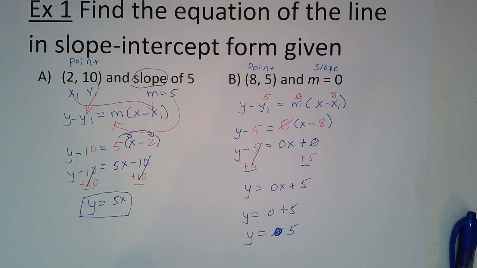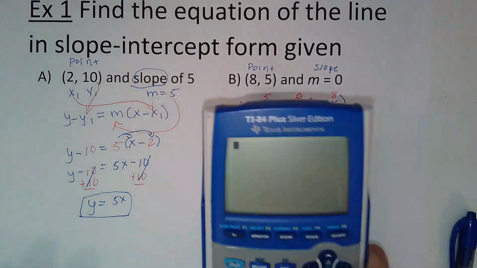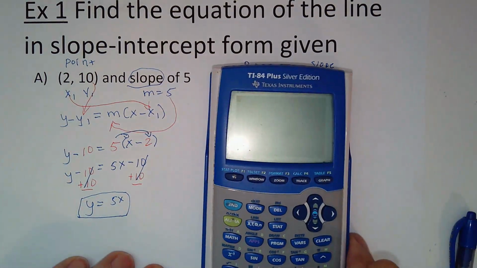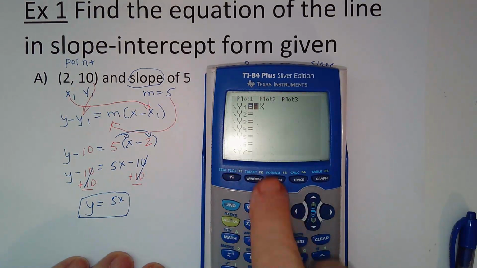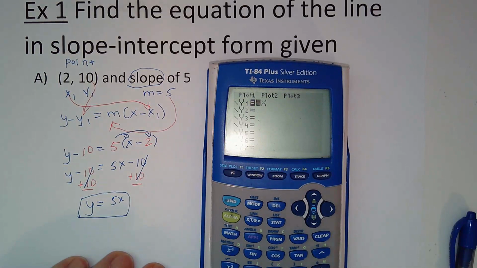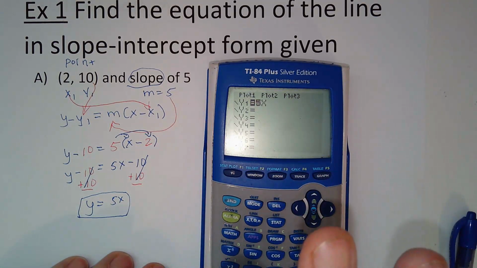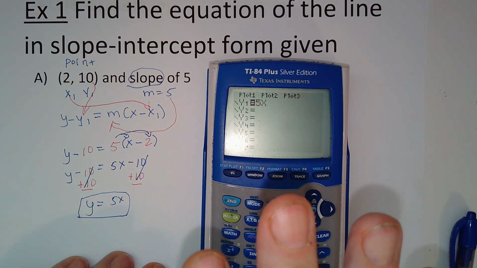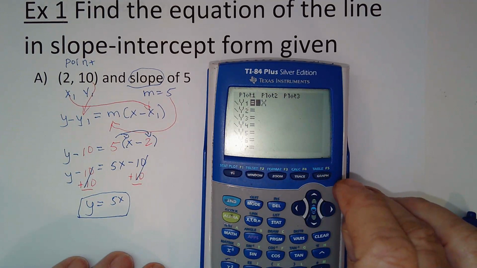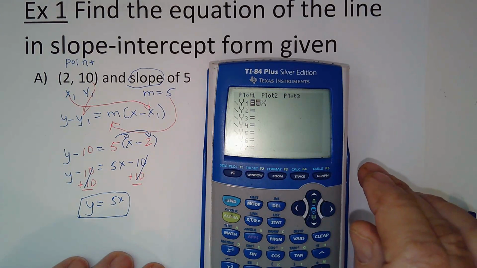I'm going to go over here to my TI calculator, and I'm going to type in y equals 5x, which I've already done there. And then I want to create an XY graph that is large enough so that I can see single individual points.